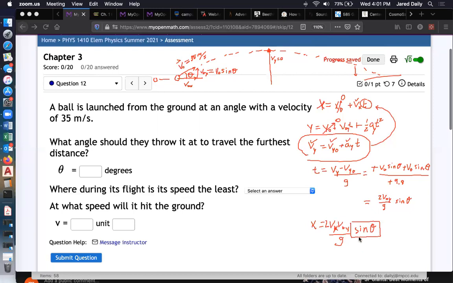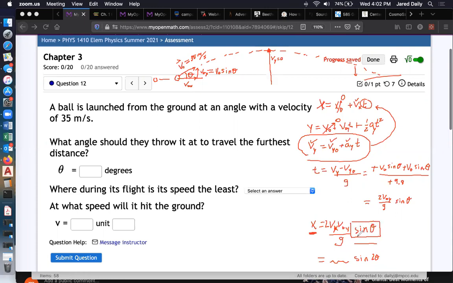This should end up looking like some constant times the sine of 2 theta. Because the answer should be when this is at its biggest, because the only thing that's changing is the sine here.